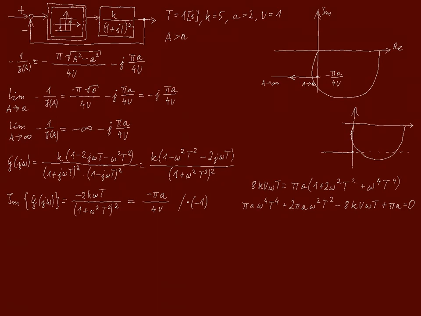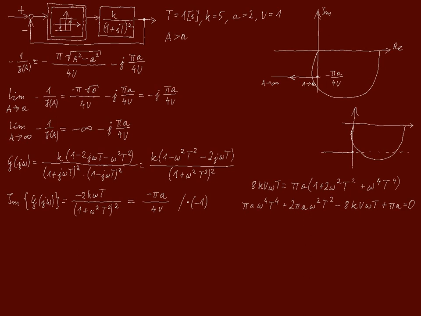Okay, back to the condition that must be met for intersection to occur. Please look at the imaginary axis and at the points of both graphs on the imaginary axis. If the Nyquist characteristic intersects the imaginary axis above the second graph, there will be no intersection of the graphs. And if the Nyquist characteristic crosses the imaginary axis under the second graph, a limit cycle will occur in the system.